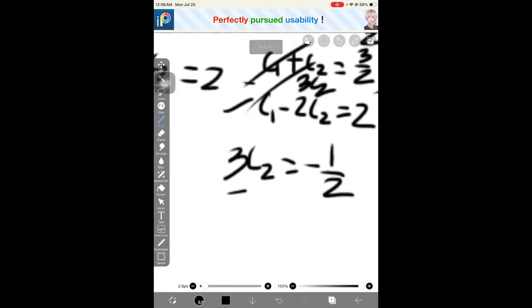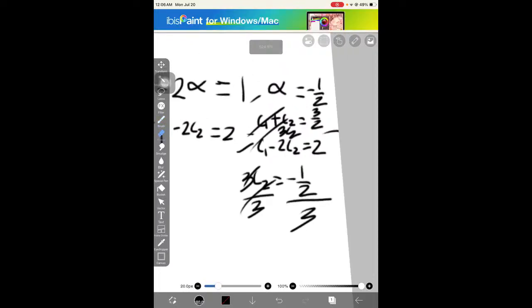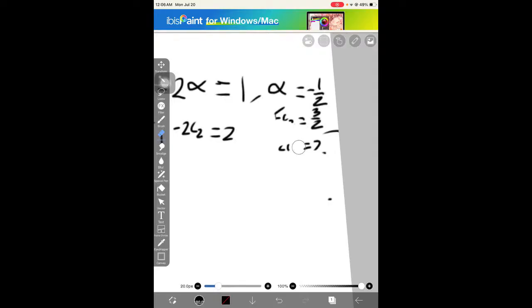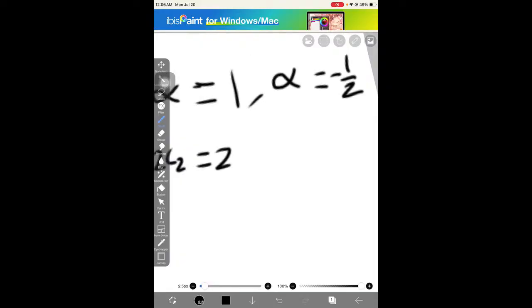Let's go. And then divide both sides of the equation by 3. What's negative 1/2 all over 3? I also have no idea. So what do we actually have here? Wait, I feel like c sub 2 is negative 1 all over 6, right?